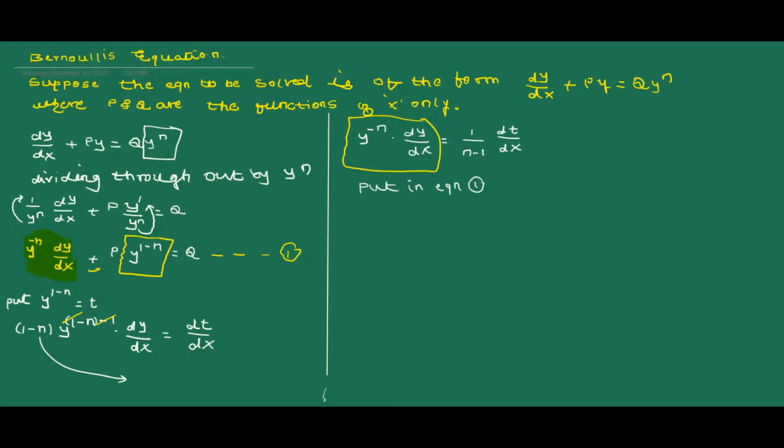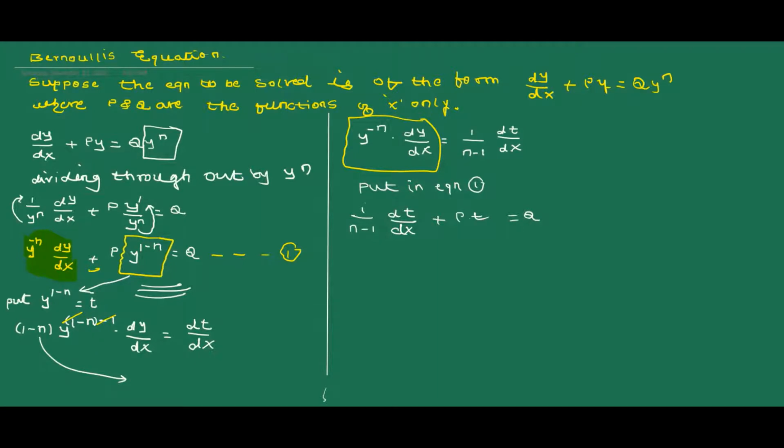What we get, that is 1 divided by n minus 1 into dt divided by dx plus p into this y raised to 1 minus n value. This y raised to 1 minus n value is equal to t, because we have taken this is equal to t, is equal to q.